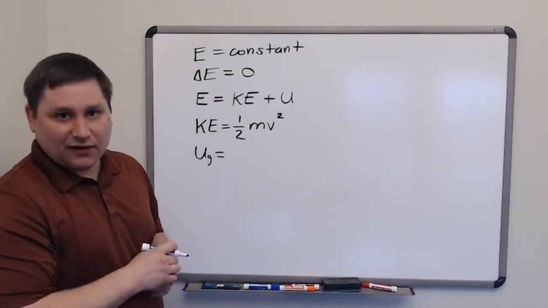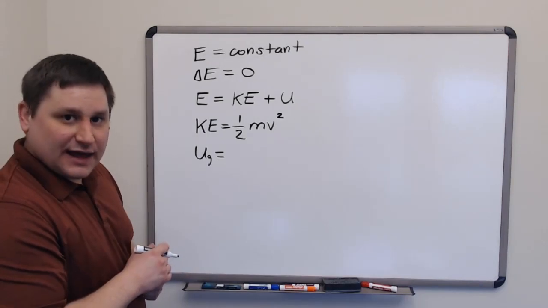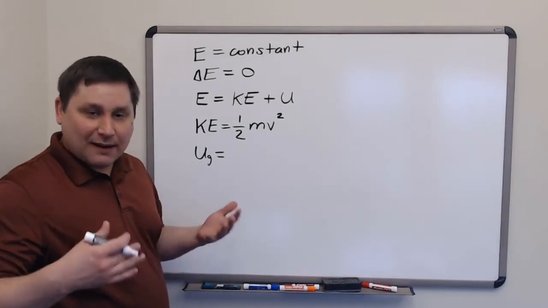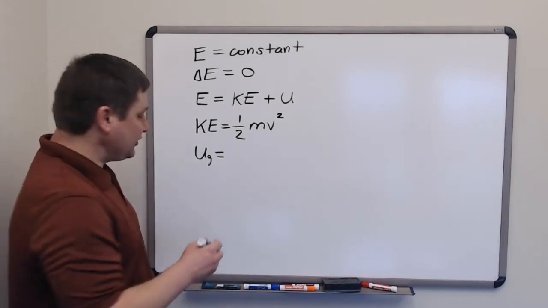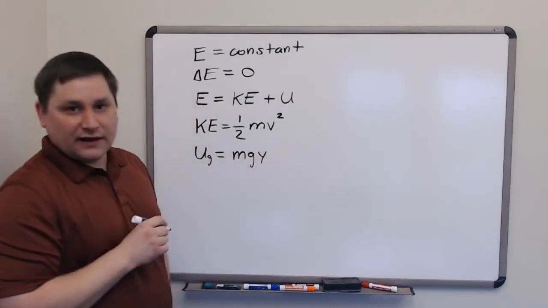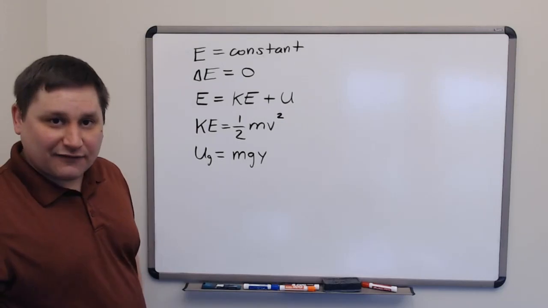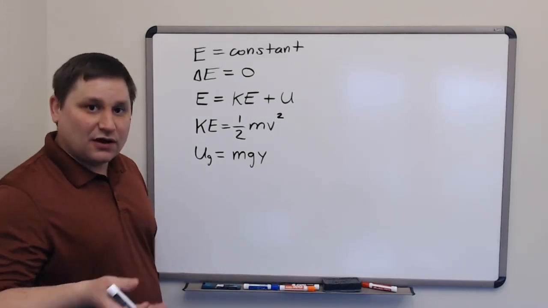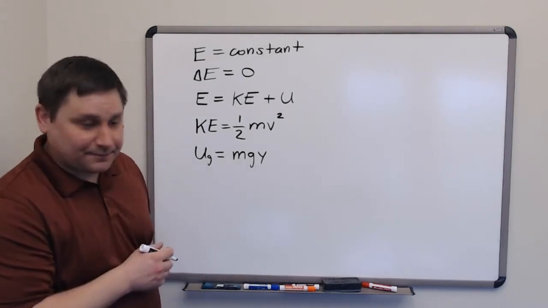If the problem involves a gravitational force, then each particle or object will get a gravitational potential energy that is equal to its mass times the acceleration of gravity times its vertical coordinate y.